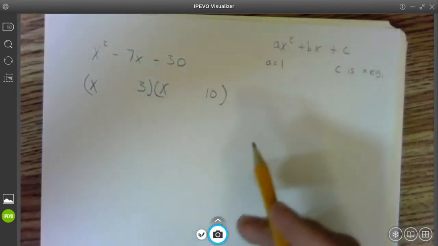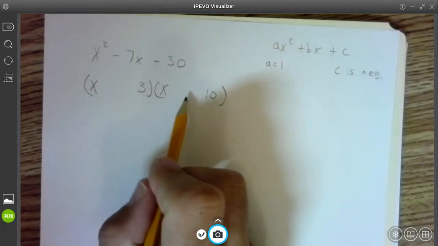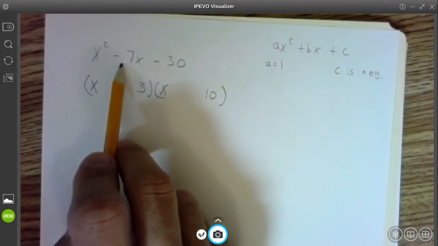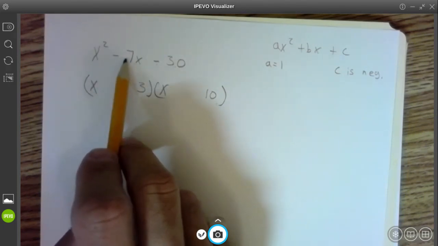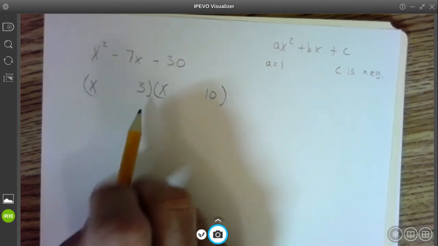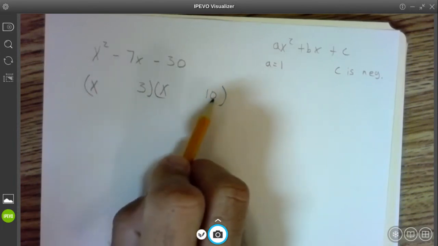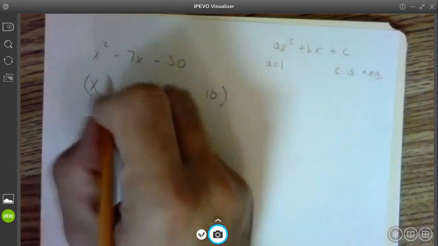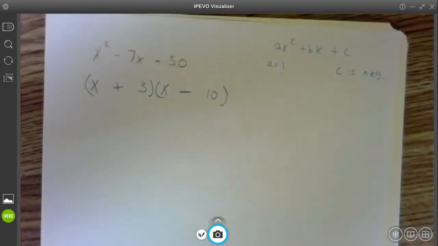So they're definitely different. The middle sign this time is going to tell us which is which. Because the 7 is negative, that tells us that the bigger of our two numbers, the 10, has to be negative. That one's going to be negative, and this one's going to be positive.